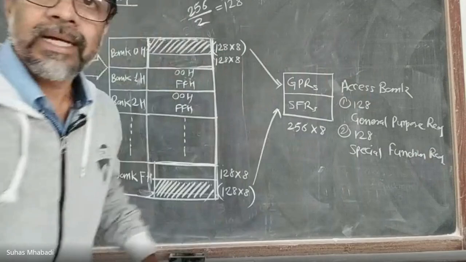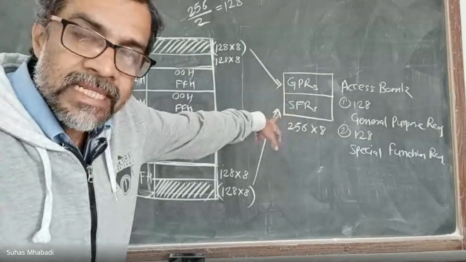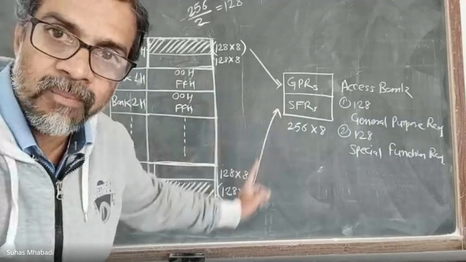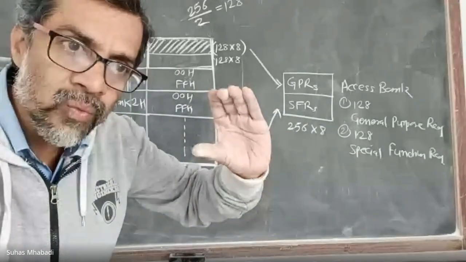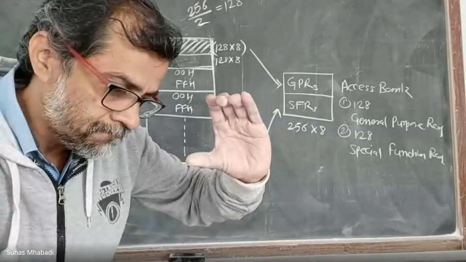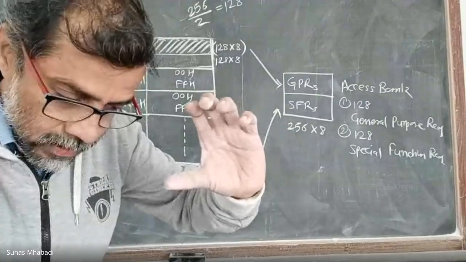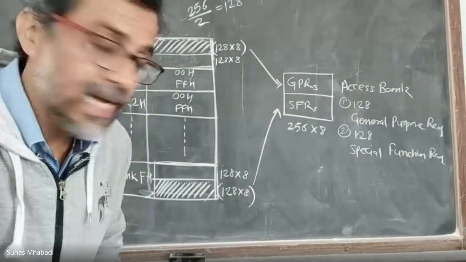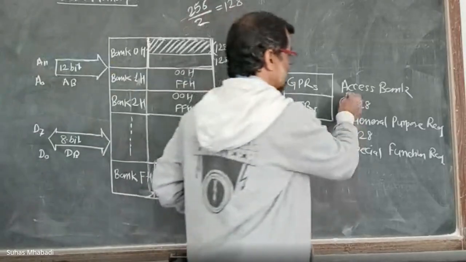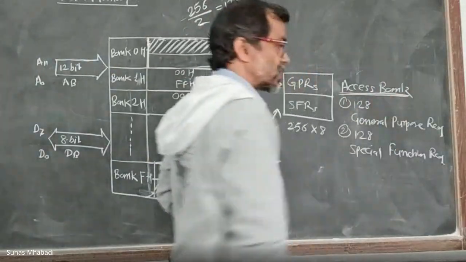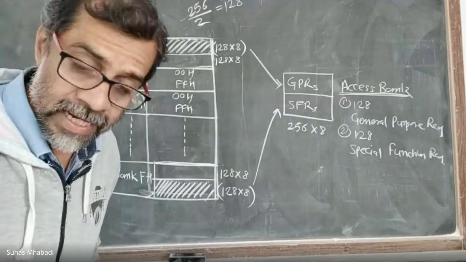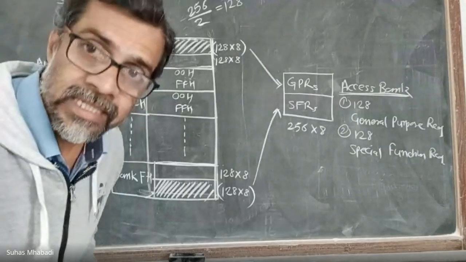So अशा प्रकारे GPRs 128, SFRs 128. GPRs are taken from bank 0, SFRs are taken from bank last. We have one more set of registers that is called as Access Bank. Access Bank consists of first 128 registers from bank 0 and last 128 registers from bank last.